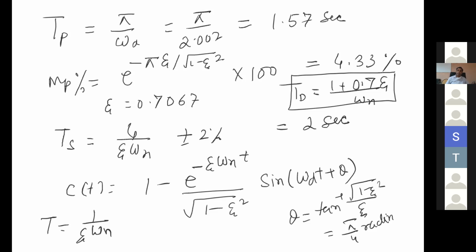Even in the case that we have put this 0.98, you can also take 1.02 and you are going to get the same answer. That is 4 upon zeta into omega n for the settling time. And if I didn't mention what percentage of error you have to take, then you are going to consider plus minus 2%.